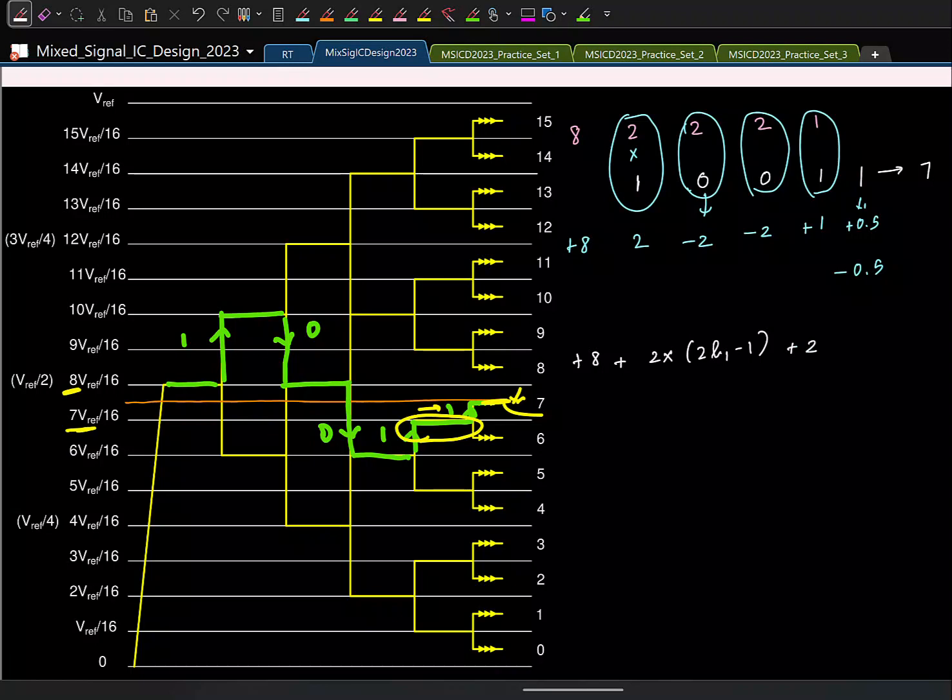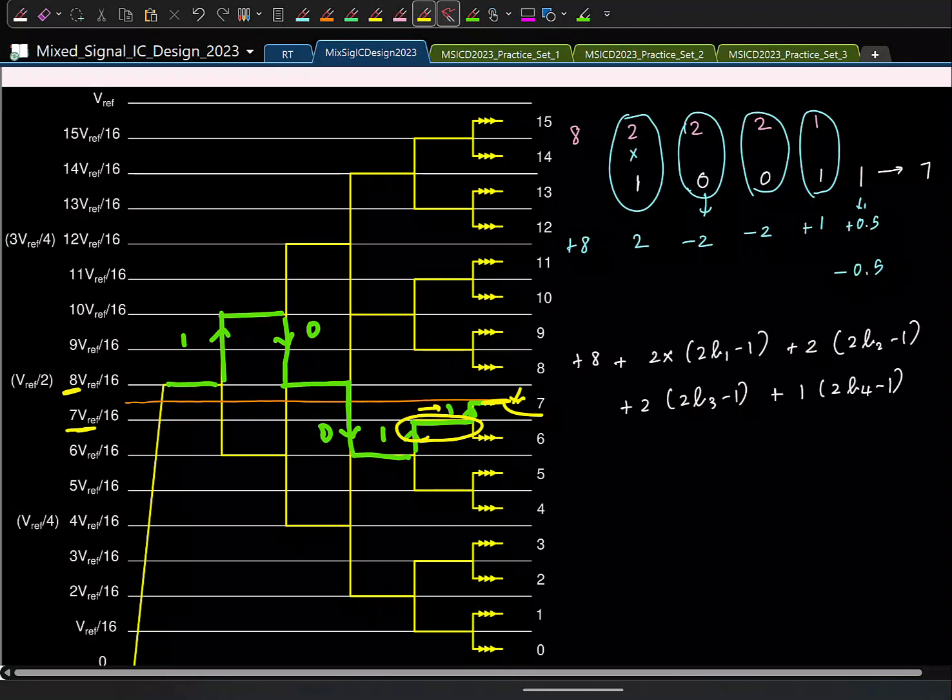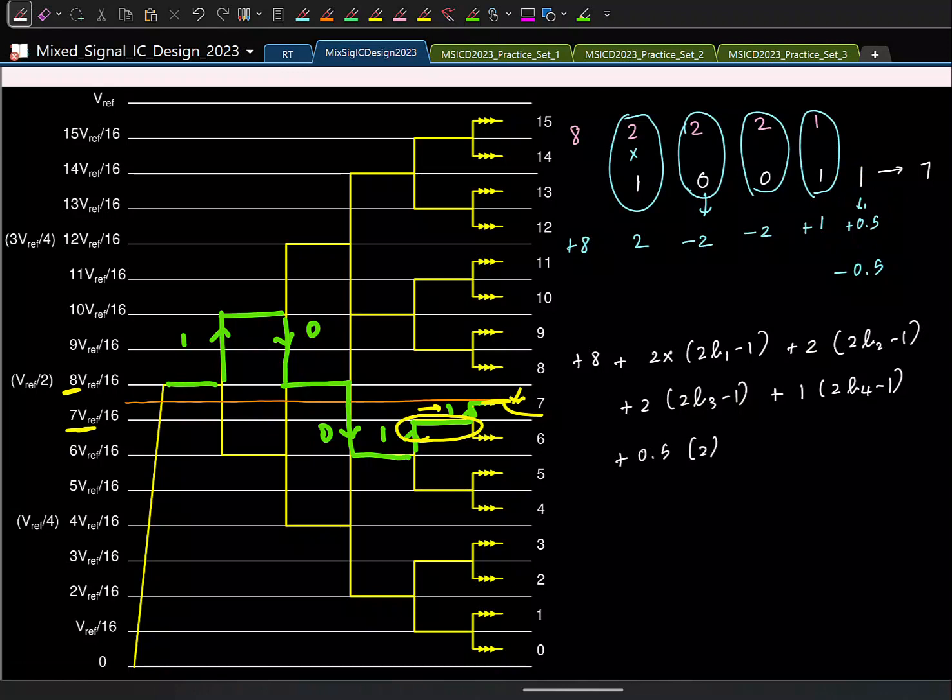So similarly 2 times 2 b2 minus 1, 2 times 2 b3 minus 1, plus 1 times 2 b4 minus 1, and the last one is 0.5. So plus 0.5 times 2 b5 minus 1, and I have to subtract 0.5 again. This is how I'll have to decode.